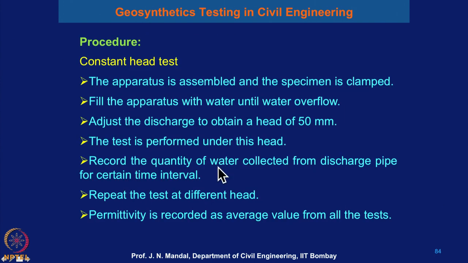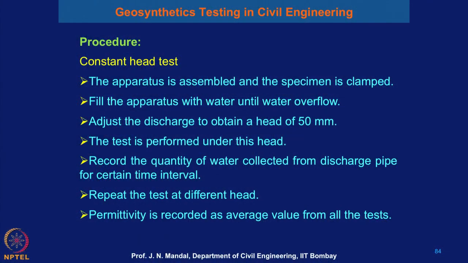Now, the procedure for the constant head test: the apparatus is assembled and the specimen is clamped. Fill the apparatus with water until water overflows, and adjust the discharge to obtain a head of about 50 millimeter.